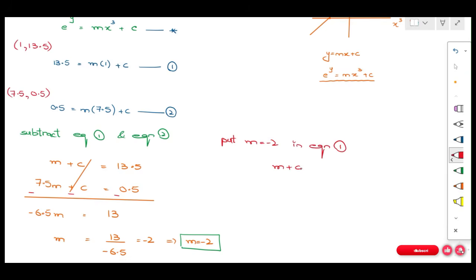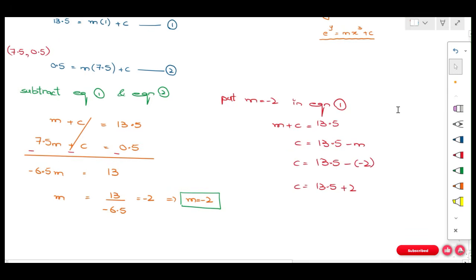Equation 1 is m plus c equals 13.5. c would be equal to 13.5 minus m. c equals 13.5 minus m, which is minus 2. So c would be equal to 13.5, negative times negative is positive 2. And 13.5 plus 2 is 15.5. So c is 15.5. We got the c as well.